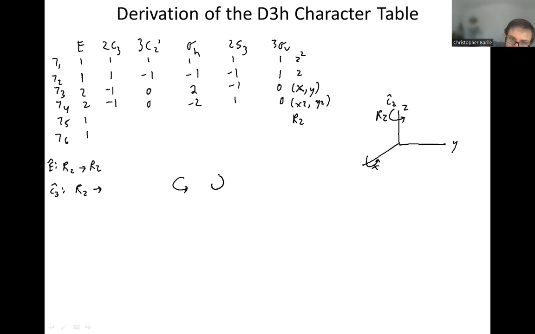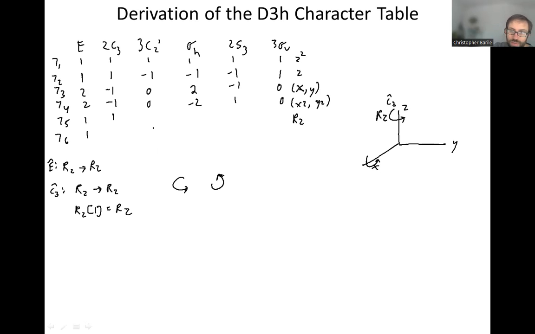And so the tail and the head are going to move by 120 degrees. But this vector is defined by the directionality in which the rotation is occurring. So this direction is still going counterclockwise. And so RZ went to RZ here, and the trace of the matrix is going to be equal to 1, because we have this 1 by 1 matrix. If RZ goes to RZ, we get 1. If RZ goes to negative RZ, we get negative 1. Those are our only options here because we're a one-dimensional system.